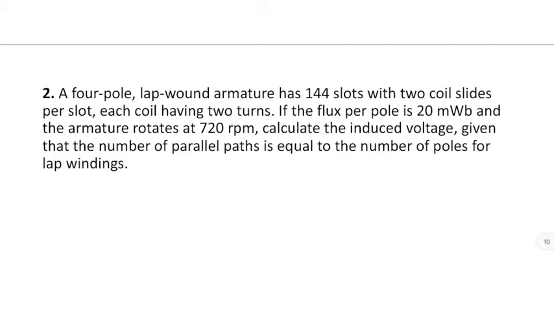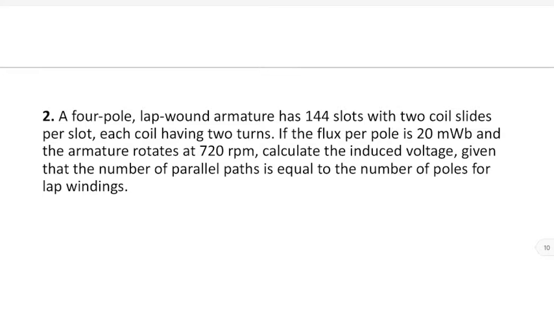What is not specified in this problem, class, is the number of conductors. That is detailed in the 144 slots with 2 coil sides per slot, each coil having 2 turns. So let's go back here.